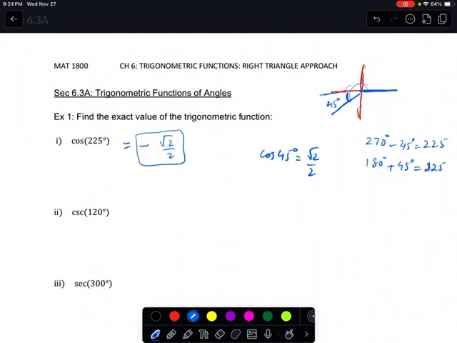Okay, looking at next, 120. So 120 degrees is here, the terminal ray is in the second quadrant, and we have to find the cosecant of 120. In order to do that, I will first find the sine of 120. So sine of my reference angle, this angle, remember, is 60 degrees.